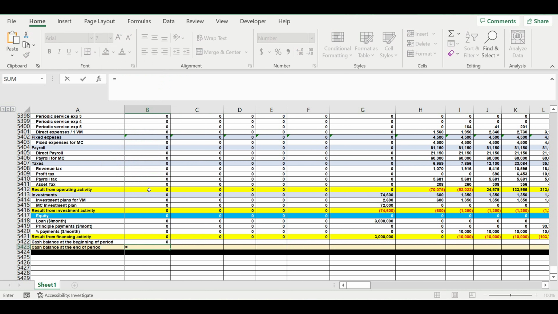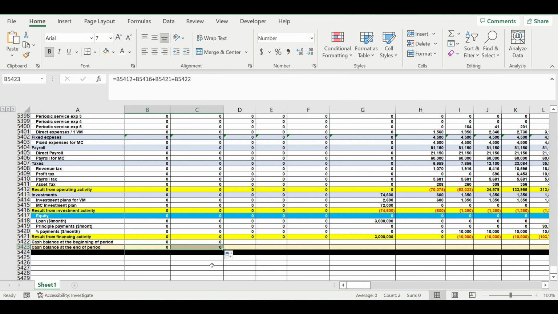I will take the result from operating activity plus the result from investment activity plus the result from financing activity plus the cash balance at the beginning of the period. Then I will put this value here, then I will extrapolate this formula to the right, and then I will extrapolate both these cells to the right.